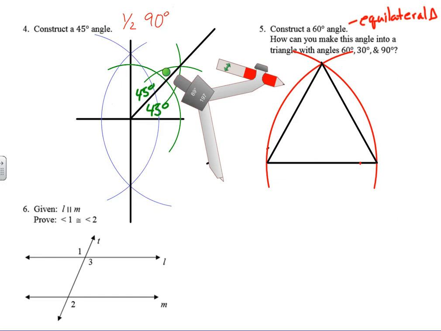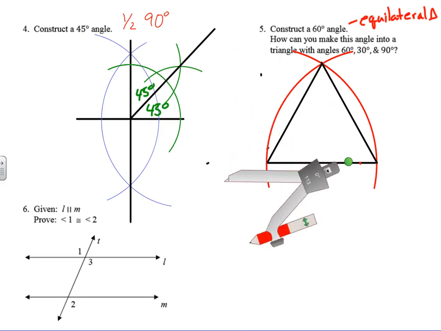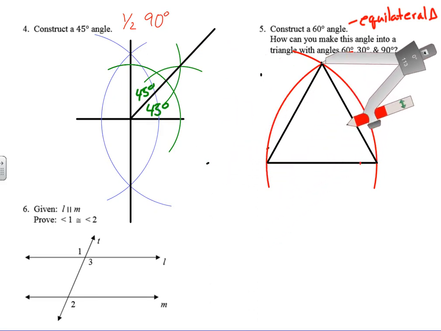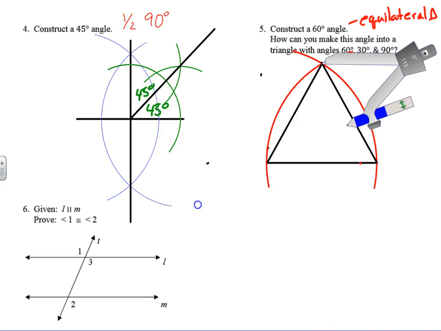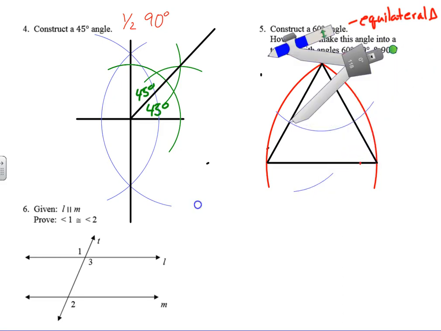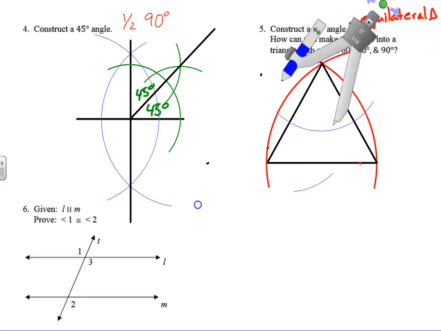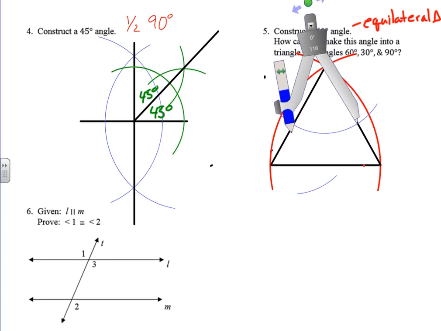So if we want to take that now and turn it into a 30, 60, 90 triangle, the way to do that is you can either think of this as doing the angle bisector or doing a perpendicular bisector. Either one will work. So if I did the angle bisector, come down here, whoops, over here, I'm just repeating that angle bisector construction at this point.